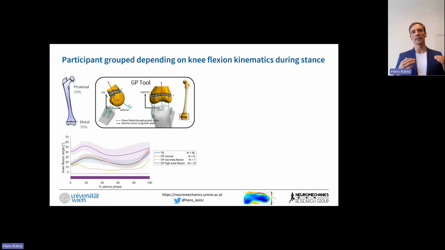A CP group with a normal knee flexion angle, one with a low knee flexion angle, but there we only had 1 participant, so I'm not going to talk about these details at all, and 1 group with a high knee flexion angle. Why did we divide it into these groups? Because it's known that the knee flexion angle has a big impact on the knee joint contact forces, which of course will have a big impact on the loads in our growth plate.